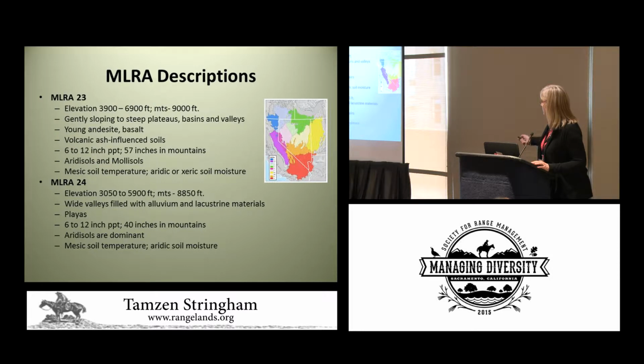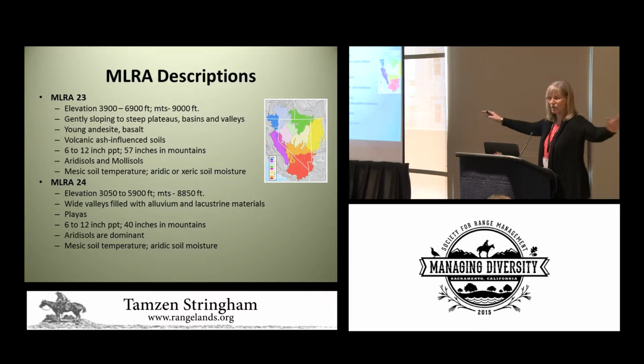Compare that to MLRA 24. So this is 23, this blue thing, and then 24 is this little light green spot. So if you look at 24, the elevation range is similar. It's a little lower in elevation. Mountains aren't quite as high, but it's wide valley formations filled with alluvial and lacustrine materials. I see that, if I had never been there, I'm going to think Pleistocene lakes.